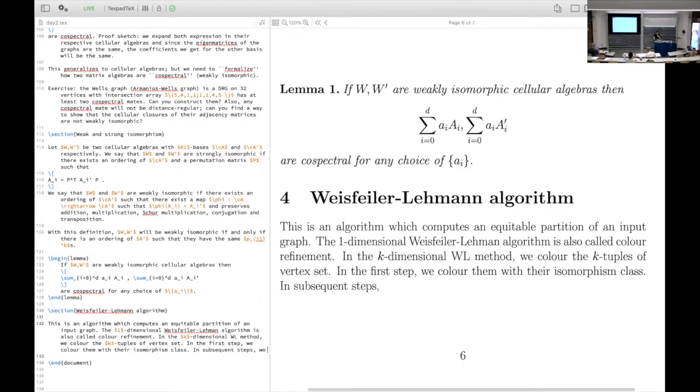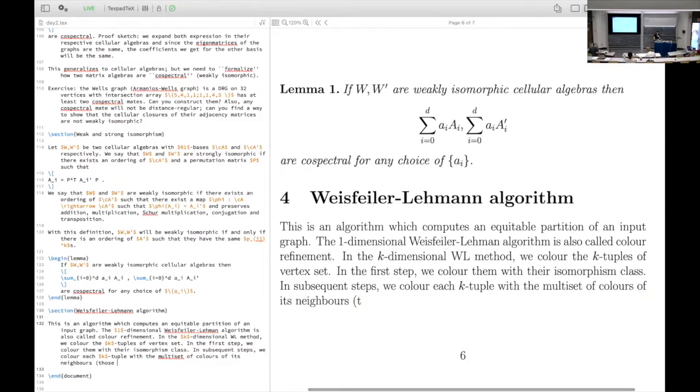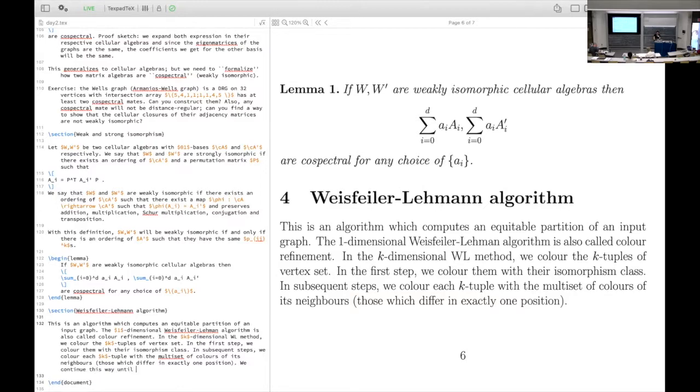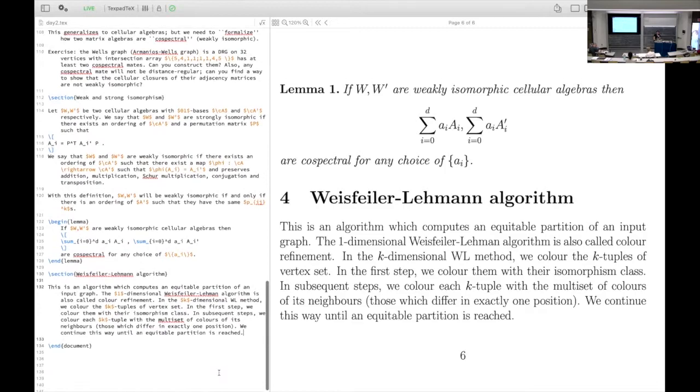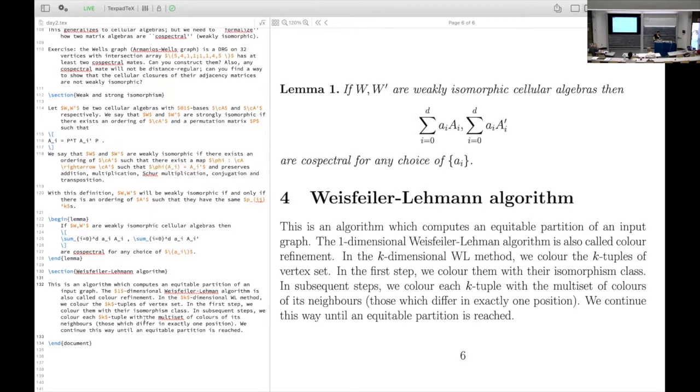And then we continue this way until an equitable partition. Clearly, if you do a refinement at every step, you will hit some equitable partition, given that the partition into singletons is always equitable.